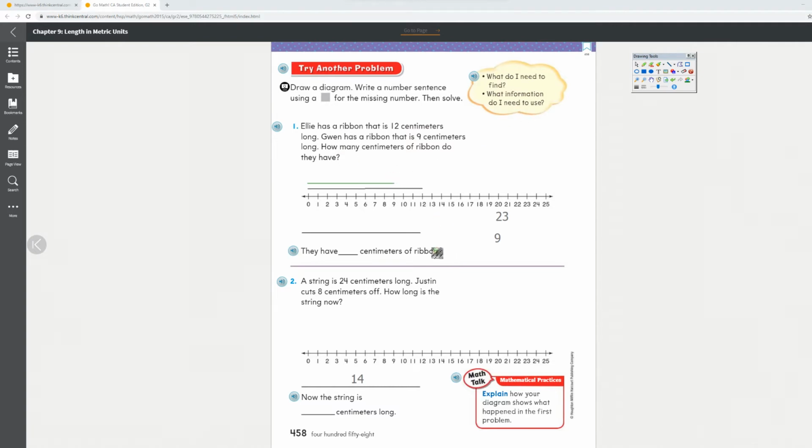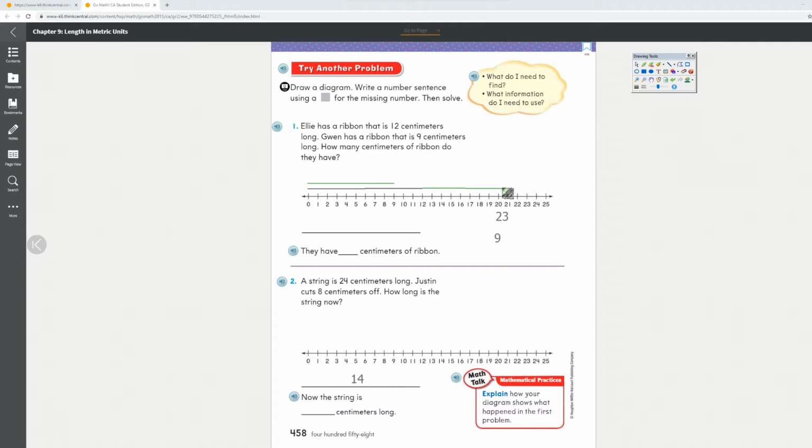Here's something we can do. We can count 9 from 12. If we count up 9, that would be like adding Gwen's ribbon to Ellie's ribbon. So let's count 9. 1, 2, 3, 4, 5, 6, 7, 8, 9. And it looks like we stopped at 21.